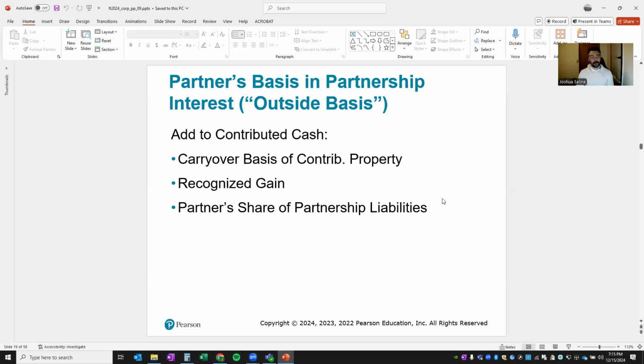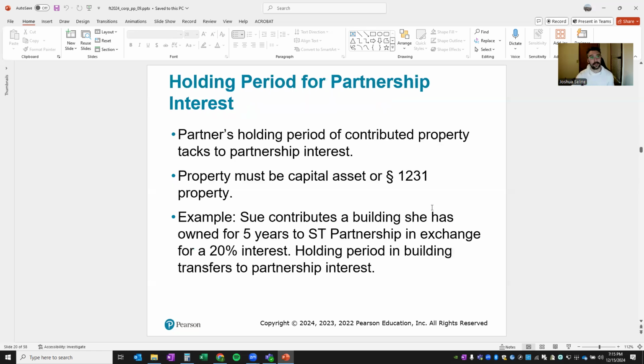Partner's basis in partnership interest, or outside basis: you add the cash contributed, carryover basis of contributed property, recognized gain, and the partner's share of partnership liabilities. Outside basis refers to a partner's share of the partnership. Inside basis refers to the partnership's share. Holding period for partnership interest: the partner's holding period of contributed property tacks to the partnership interest, which is what I went over just a bit ago.